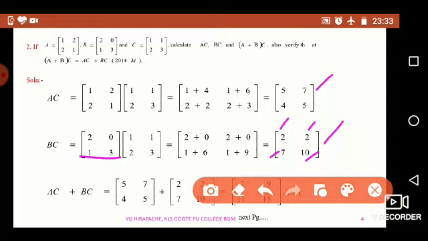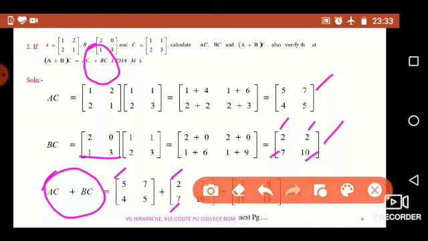To verify in this problem, to prove that A plus B into C, we found first AC and BC. Therefore, from these two, let me find out what is AC plus BC. AC is a matrix containing the elements 5, 7, 4, 5 plus BC, a matrix containing the elements 2, 2 in the first row and 7, 10 in the second row.